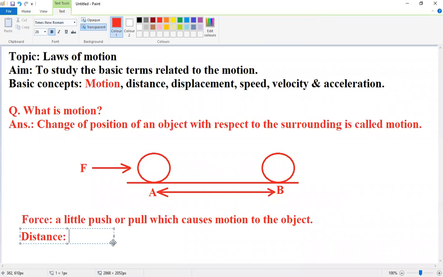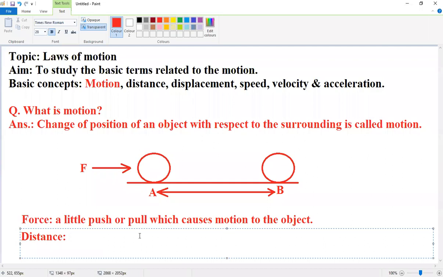Distance can be defined as the total length of the actual path traveled by an object. Are you all following this definition of distance? Yes, sir.